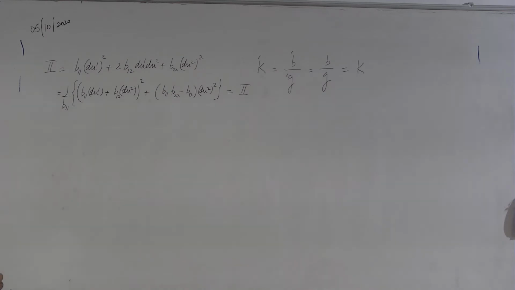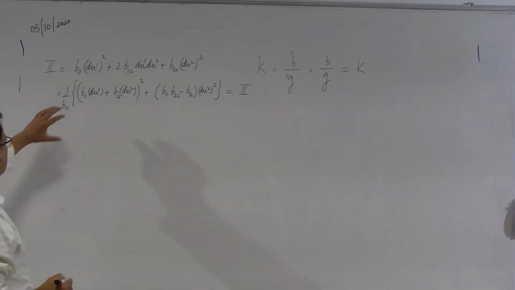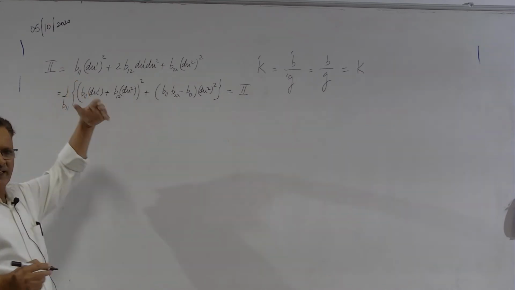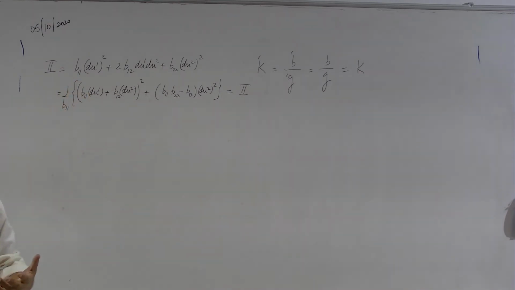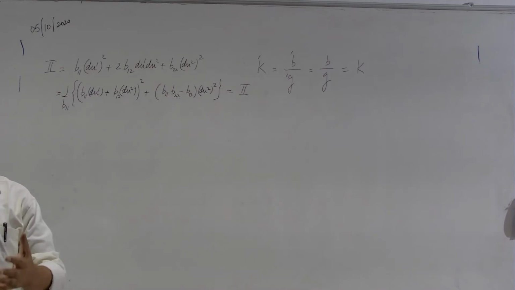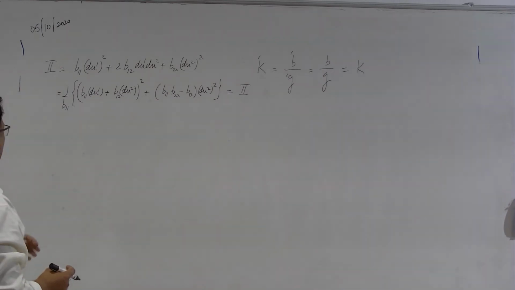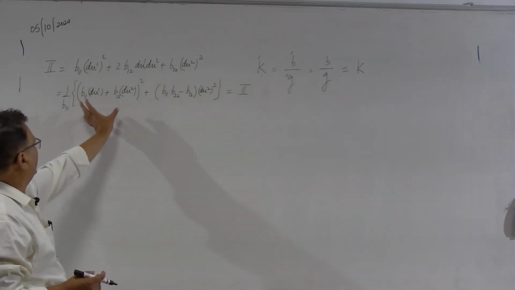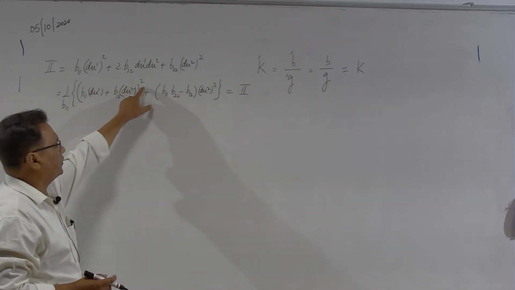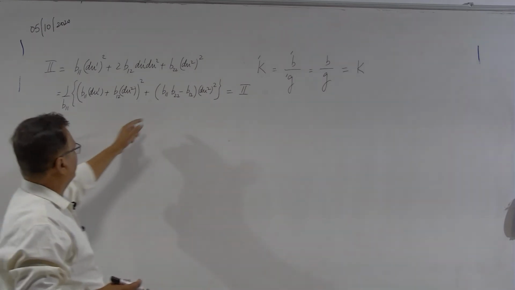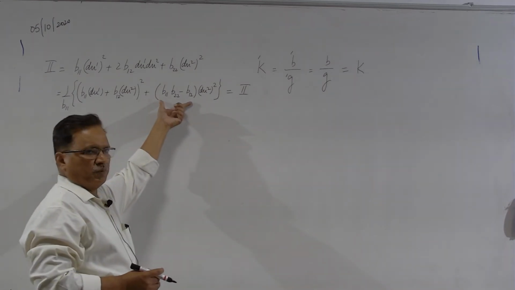Okay. Now, this is a quadratic form, and a natural question is whether a quadratic form is positive definite, 0, negative definite or indefinite. So, you see the first bracket here is a square. So, it will be positive if this quantity is positive.